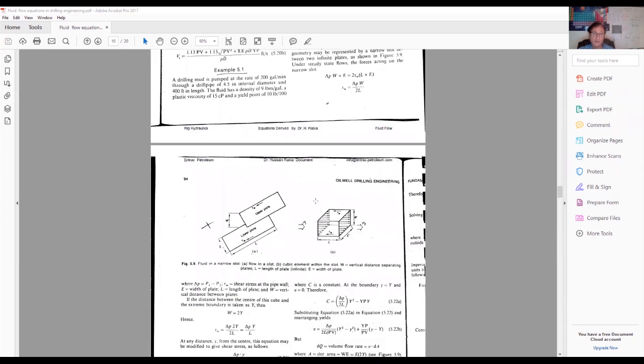So for annular flow, you consider two pipes, because obviously the circular pipes would be difficult to model because of the curvature. So we assume them to be two plates. Okay, and we carry out exactly the same work as we did before, except in this case we have a difference in diameters rather than a pure inside diameter of a pipe.